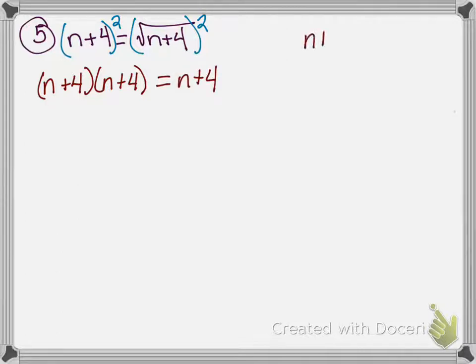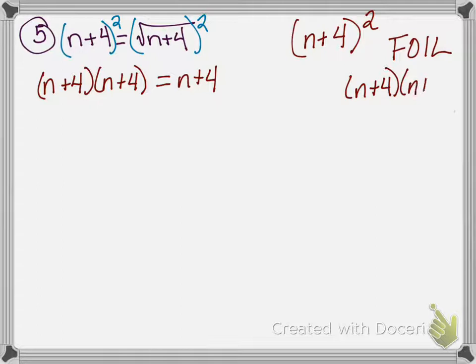So I'm going to write this off to the side. N plus 4 squared, you must FOIL. You must FOIL. It's not n squared plus 16. Students want to do that all the time, and it's not n squared plus 16.